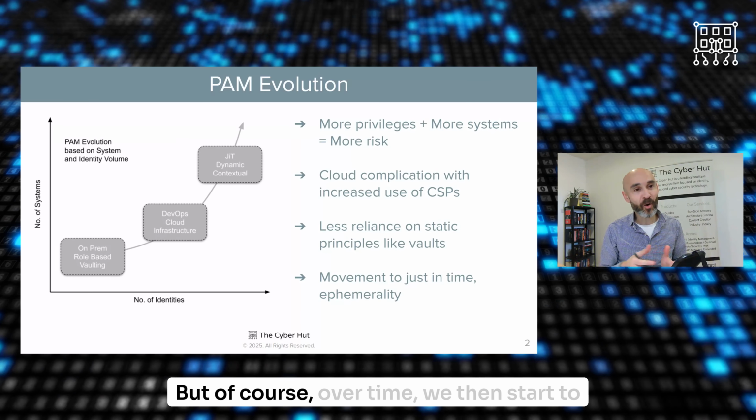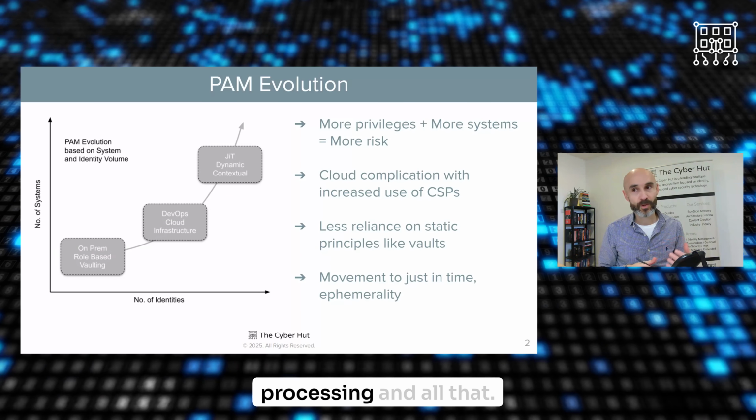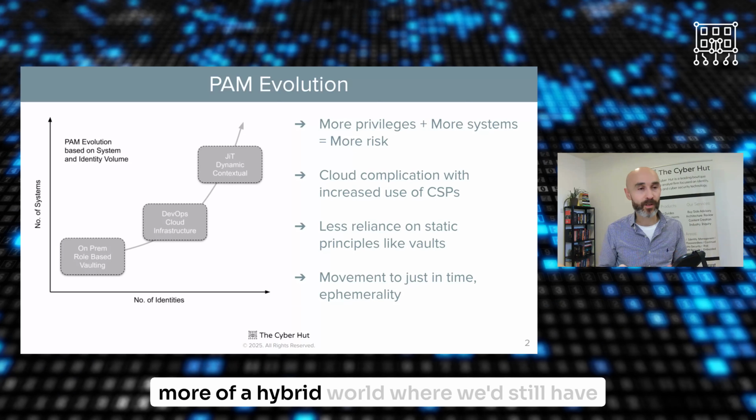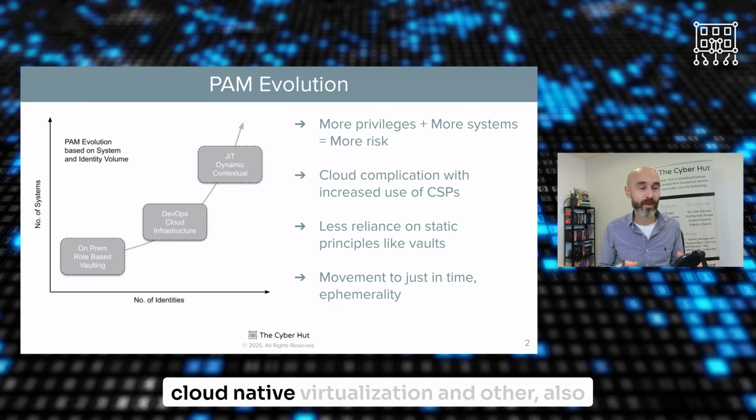But of course, over time, we then start to involve outsourced infrastructure, the evolution to more of a cloud service provider view of being able to deliver networking, compute, data storage, processing, and other. So we started to see this evolution to more of a hybrid world where we'd still have on-premises capabilities, Kubernetes or cloud native, virtualization, and other.